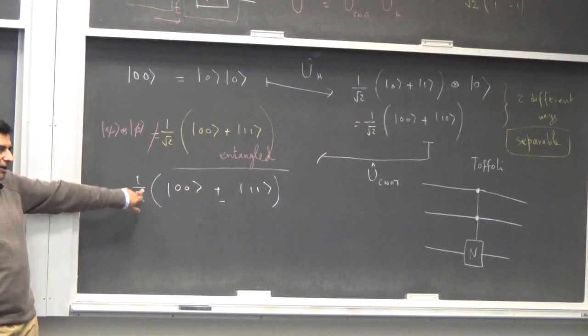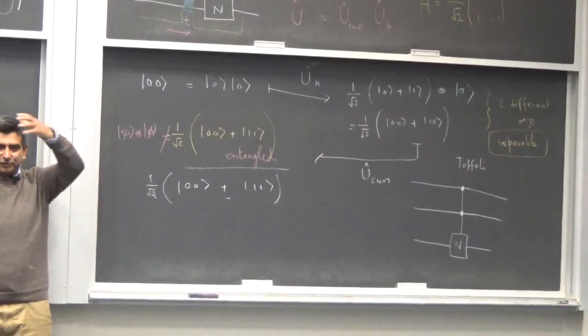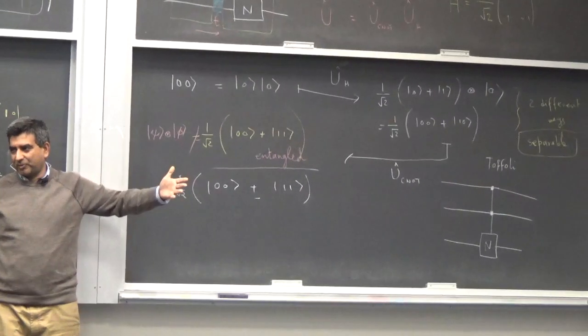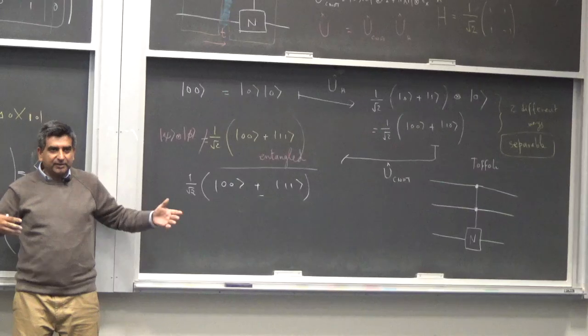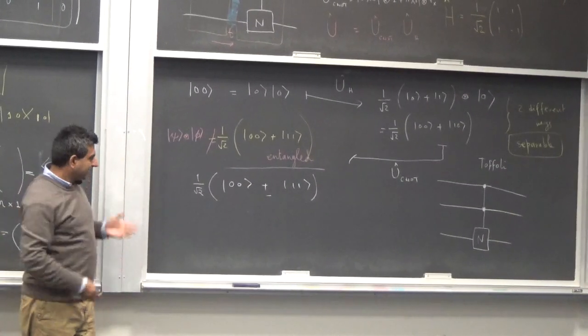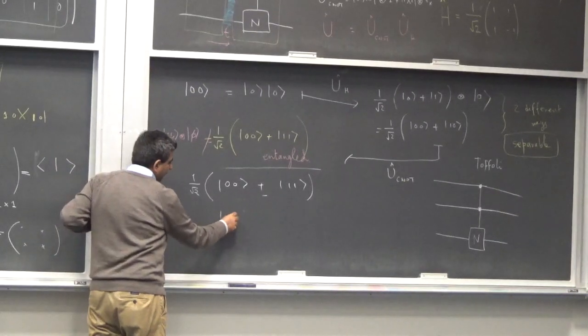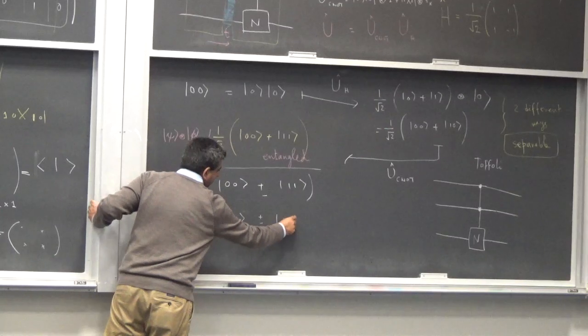You take the modulus square, half plus half gives you 1. Again, the 2-qubit state, even though it's bigger in size, also has to be normalized if you want to talk about physical reality, because these probability amplitudes correspond to probabilities when squared. The other 2-qubit states are 01 plus or minus 10.